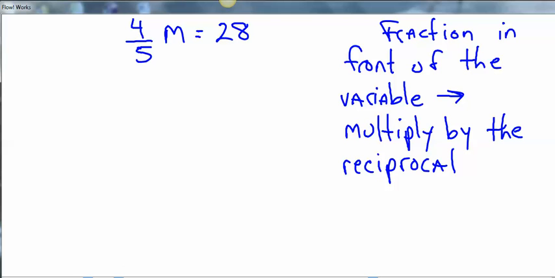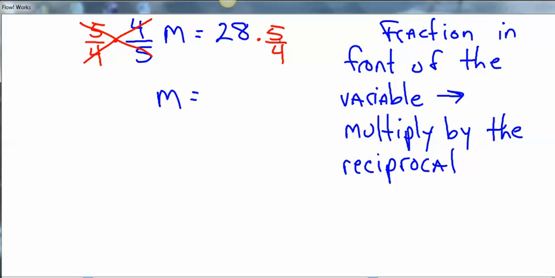So if we're going to multiply by the reciprocal here, we're going to multiply each side of the equal sign by 5/4. When you take a fraction and you multiply it by its reciprocal, it equals 1. So all of this over here cancels out. And you're just left with the m on the left side of the equal sign.